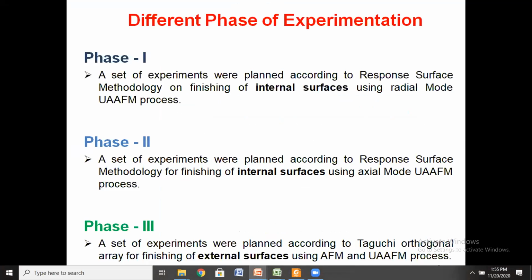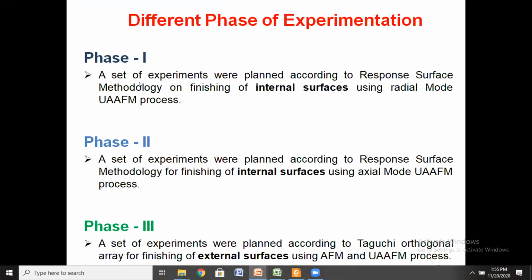I divided my experiment into three phases. In the first phase, the set of experiments were planned using response surface methodology for finishing of internal surfaces using radial mode in the UAFM process. In the next phase, the set of experiments were planned according to response surface methodology for finishing of internal surfaces using axial mode.